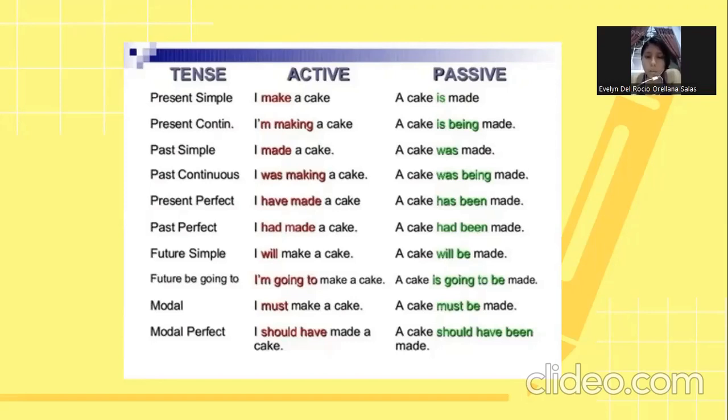Past continuous. Active: I was making a cake. Passive: a cake was being made. Present perfect. Active: I have made a cake. Passive: a cake has been made. Past perfect. Active: I had made a cake. Passive: a cake had been made.